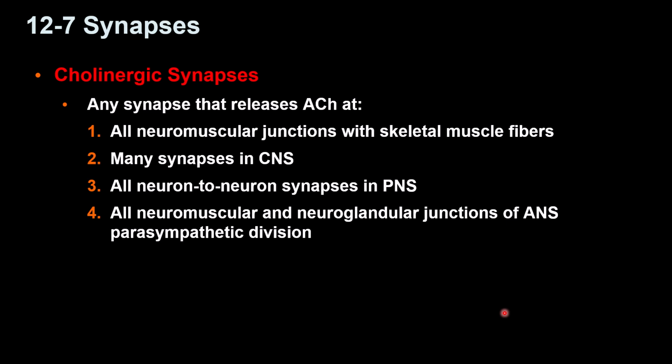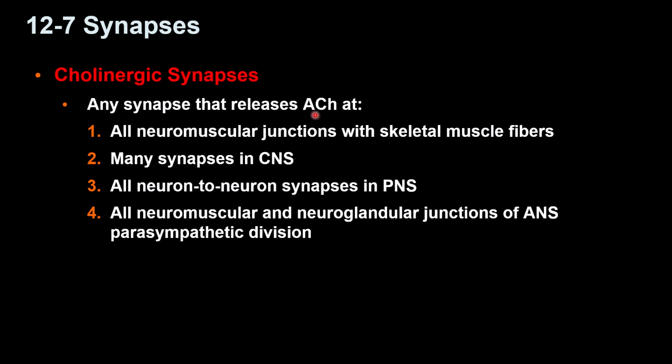Now the different types of neurotransmitters are named based on the type of the neurotransmitter that is released. So the synapses are based on the type of neurotransmitters. This is called cholinergic synapses, and here acetylcholine is released.